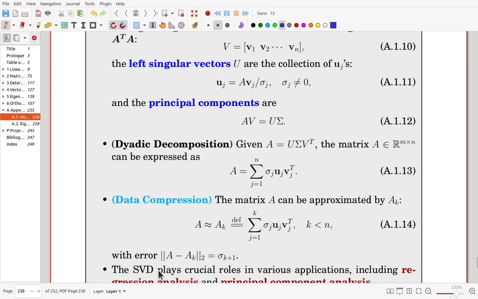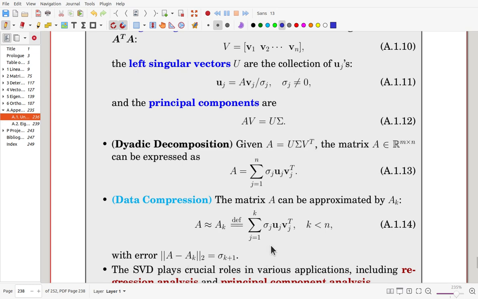Then mathematically we can prove that the difference between A and Ak measured with the L2 norm becomes sigma k plus 1. So when you see that the singular values are decreasing rapidly, and sigma k plus 1 is small enough, then by taking only the first k terms to get an approximation, the difference is very small.